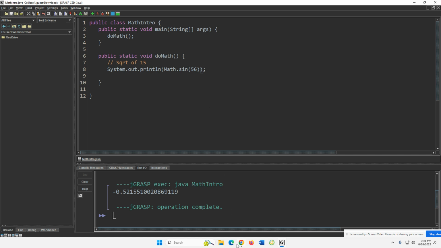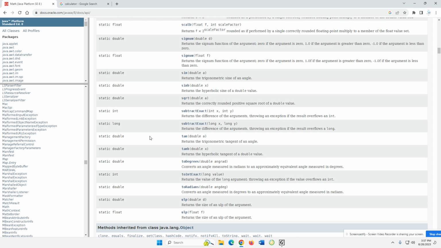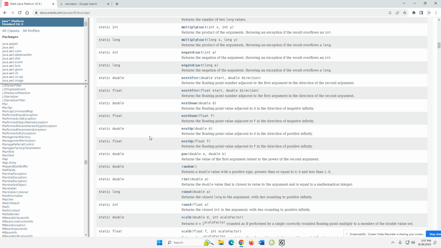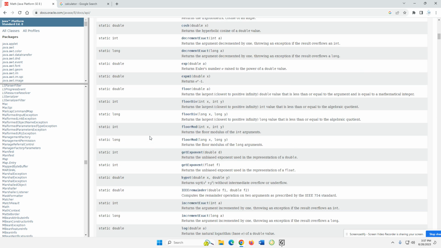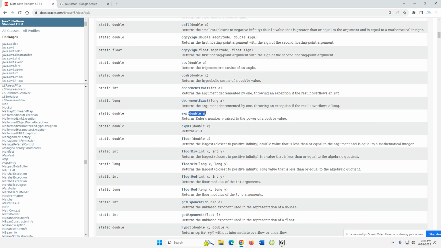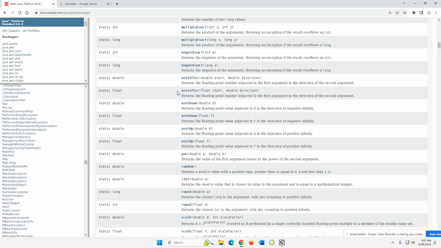So basically, the idea is we could actually use any method right here. If you're learning this for the first time, you might want to refer to the Java documentation and read through the methods that you are using and see what some of these take in as parameters. There are also different method signatures, like for example here, it has two different types of methods.